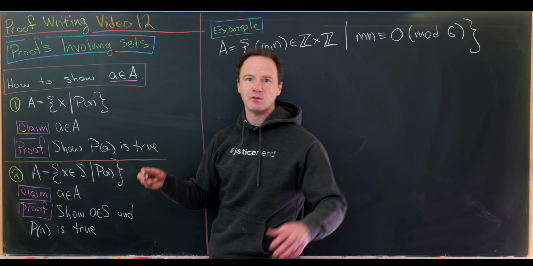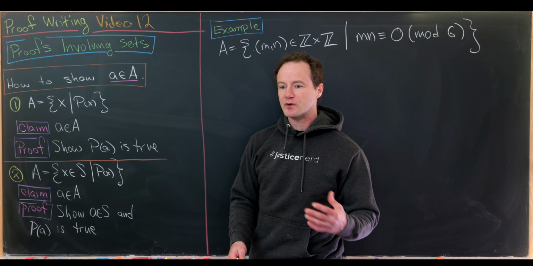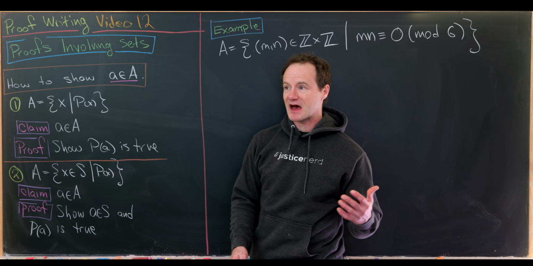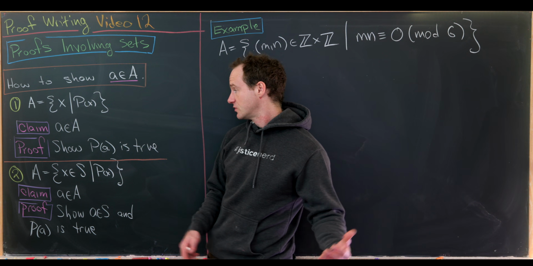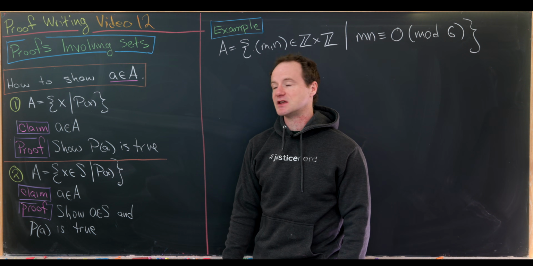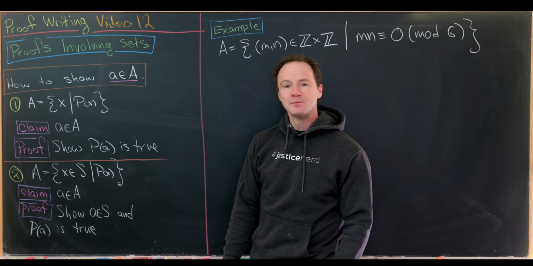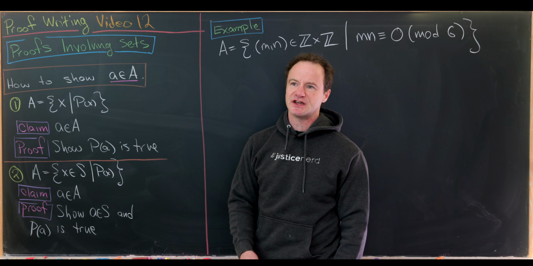Recall P, when it's not being evaluated at anything, is an open sentence, but when you evaluate it at something, it becomes a mathematical statement which may be true and may be false. If it's true, then your element is in the set, and if it's false, then your element is not in the set.